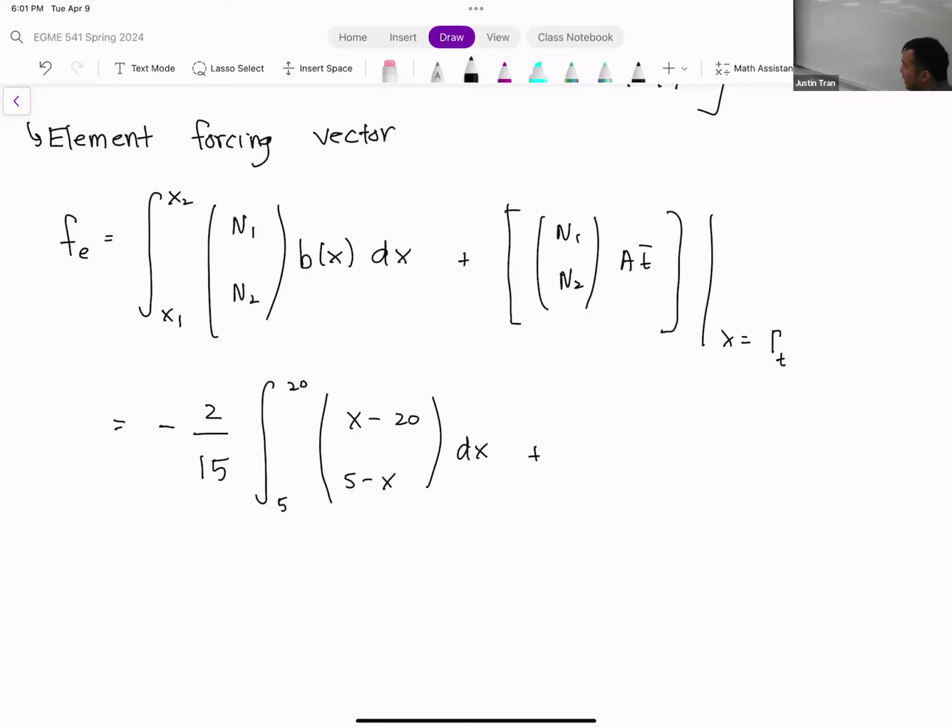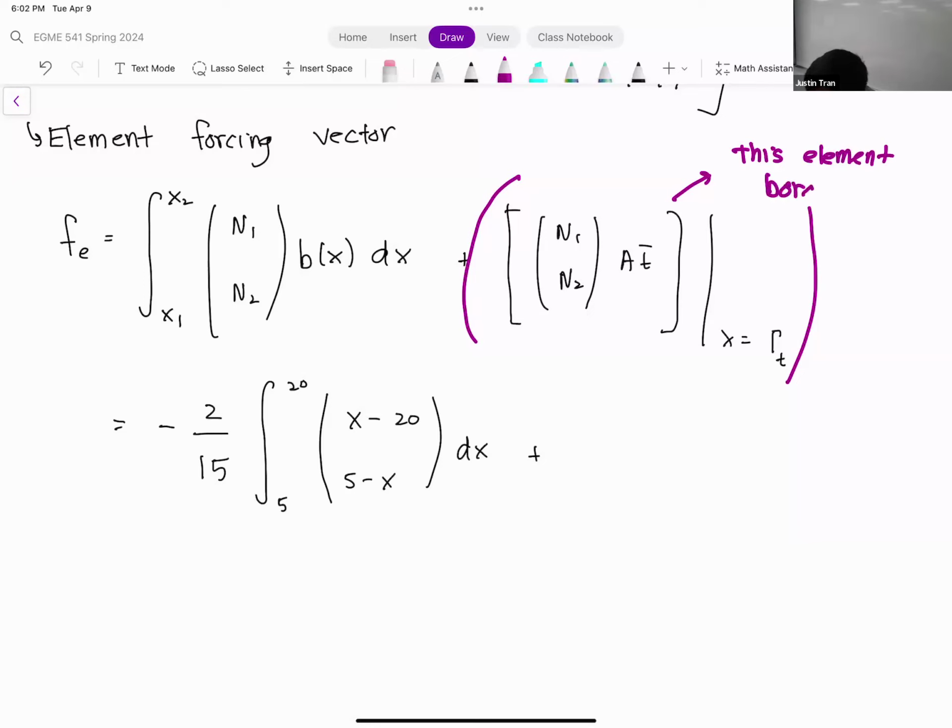We are going to actually evaluate this term here because our second element does border the Neumann boundary. So that term there is actually going to be non-zero.